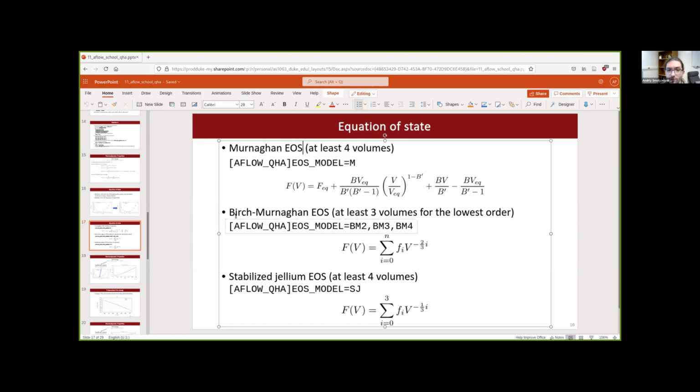So Birch-Murnaghan should be better, and even better should be the stabilized jellium EOS model. The main difference would be how they behave on compression. But also in our case, usually if the system is well behaved for the properties we extract from this, it will not make too much of a difference.